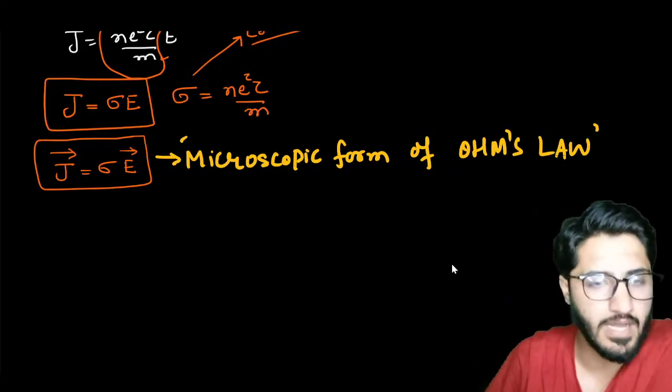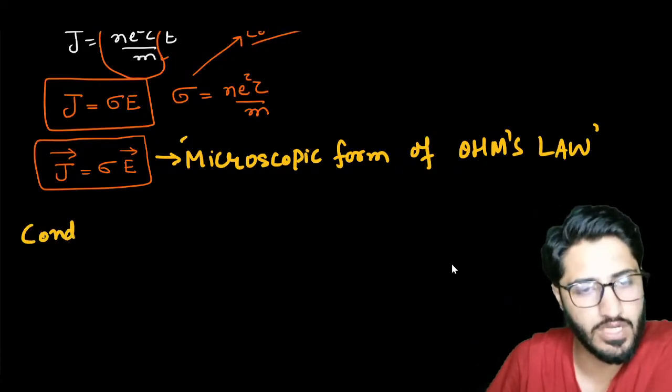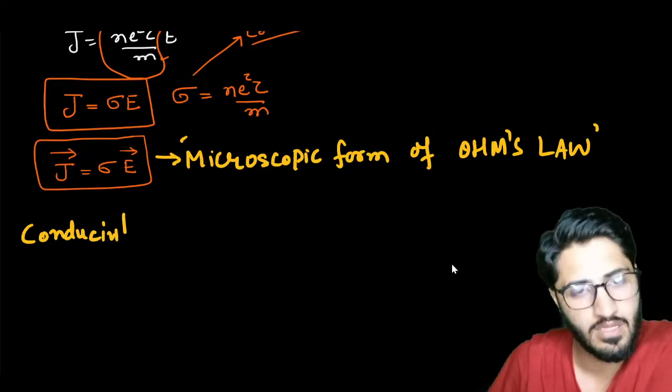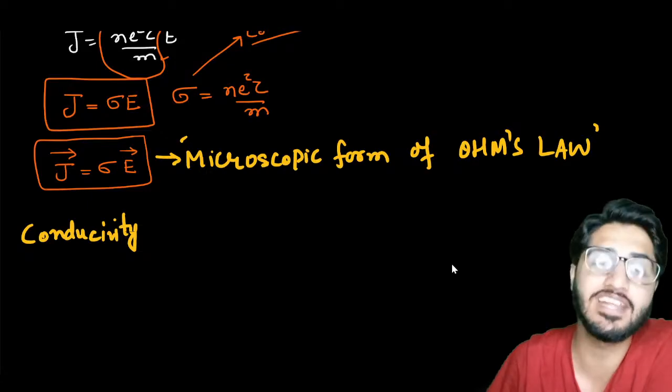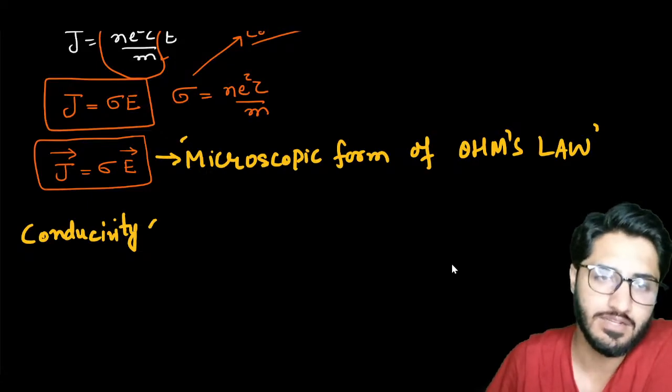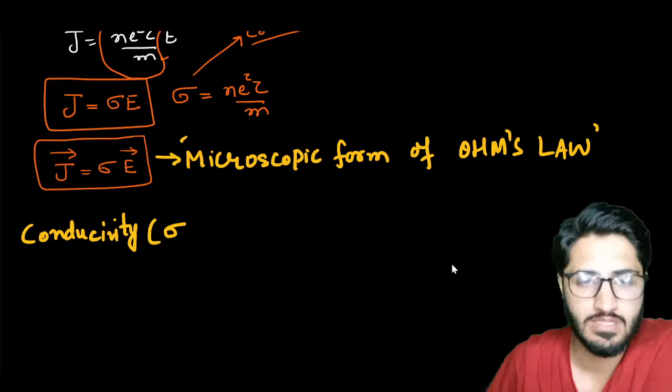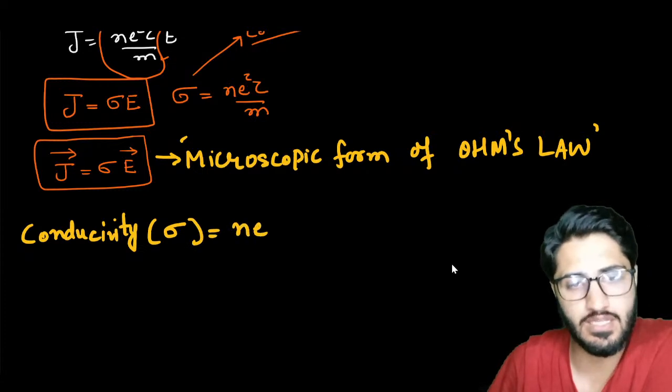Here, conductivity means the ease of flow of your charged particles in any conductor. It is n e square tau by m.